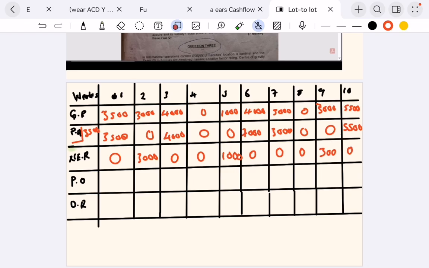So on the planned order release, we need to use the periodic order quantity to determine how many times we should move.